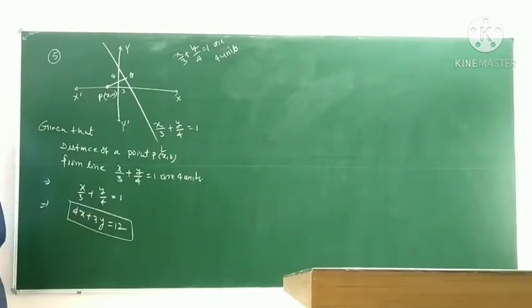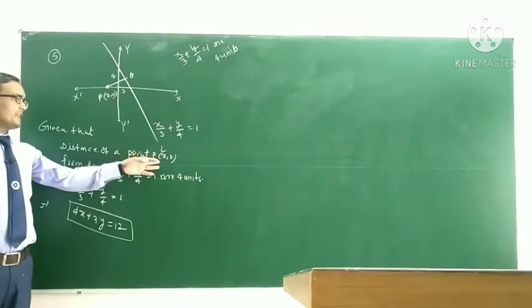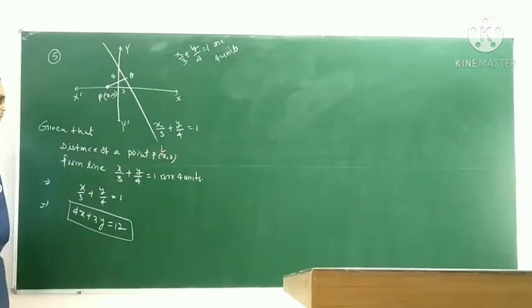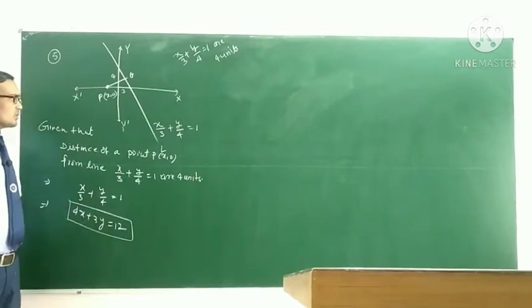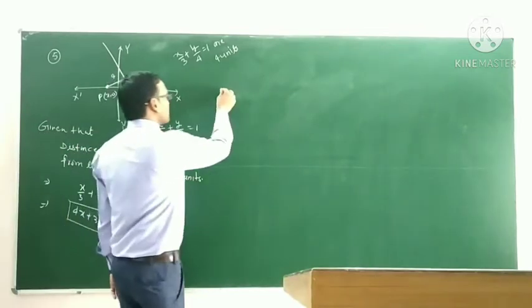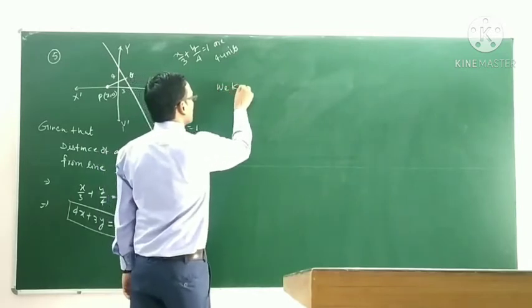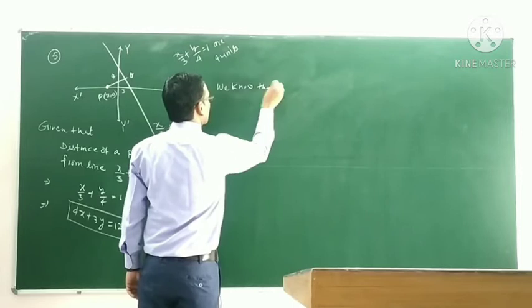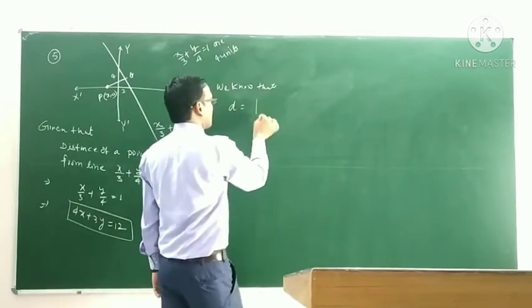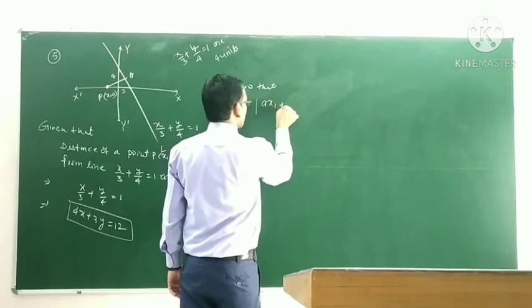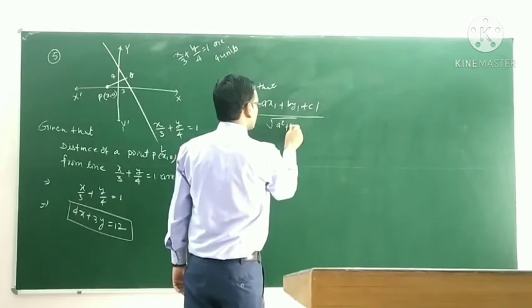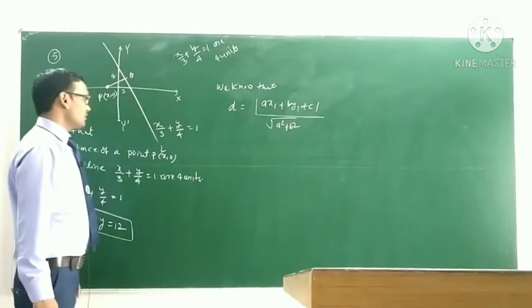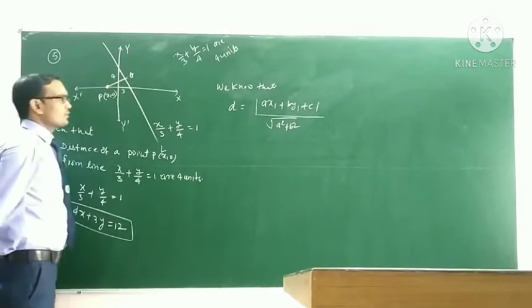Then we find the distance of the point P (x, 0) from the line 4x plus 3y equal to 12. Okay, students, we know that d equal to mod of ax1 plus by1 plus c upon square root a square plus b square. Using this formula, we find the value of PQ.